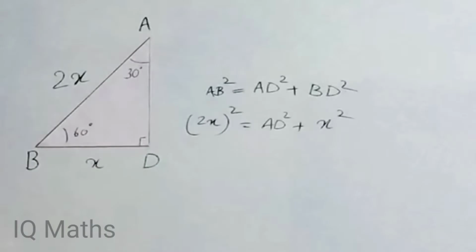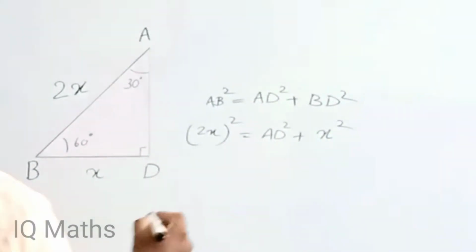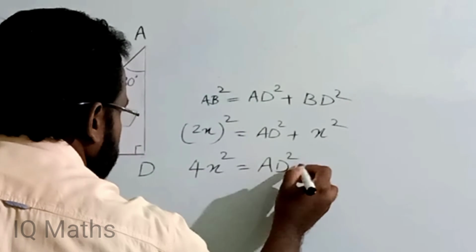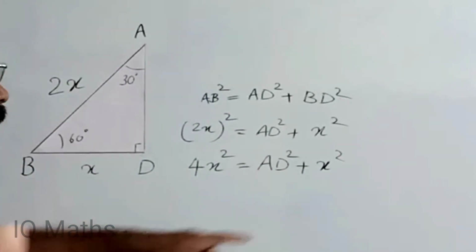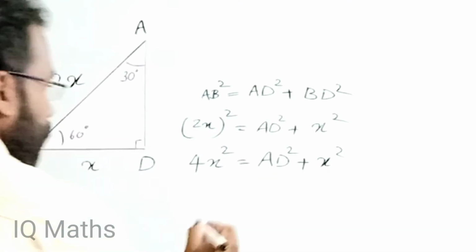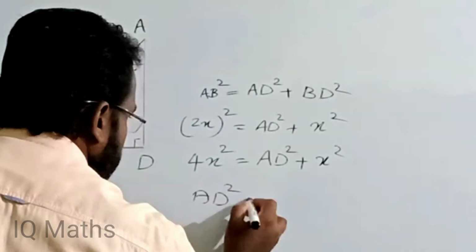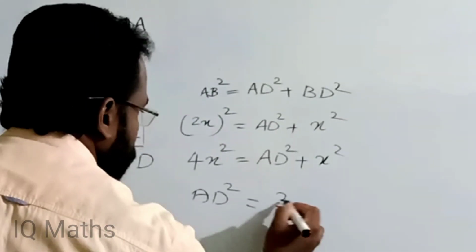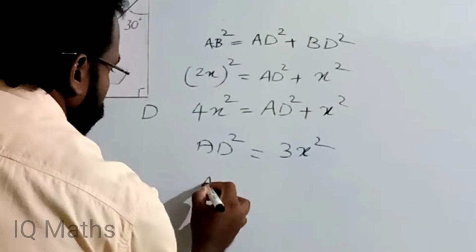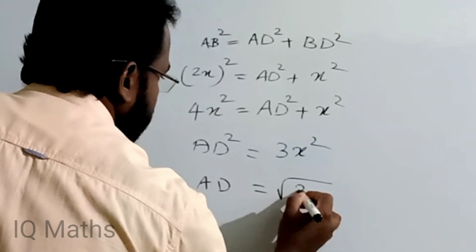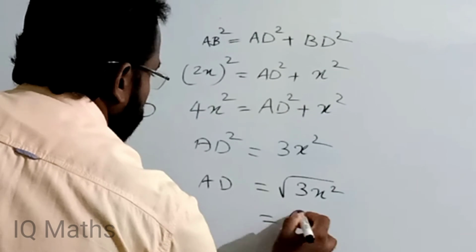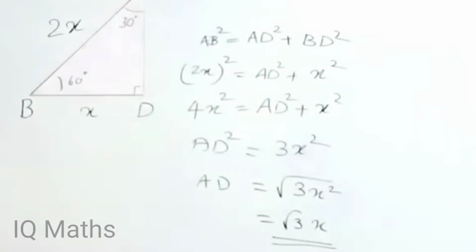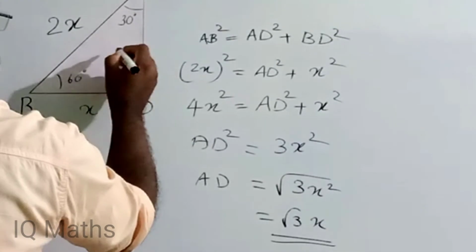That is 2x the whole square is 4x square. 4x square is equal to AD square plus x square. That means AD square is equal to 4x square minus x square, that is 3x square. AD equal to root of 3x square, that is root 3 x. So we know the length of AD, that will be root 3 x.